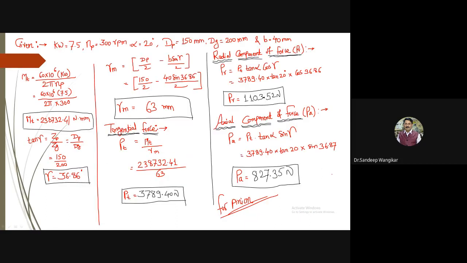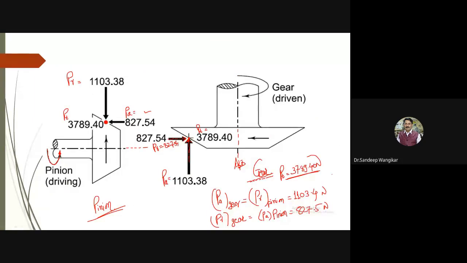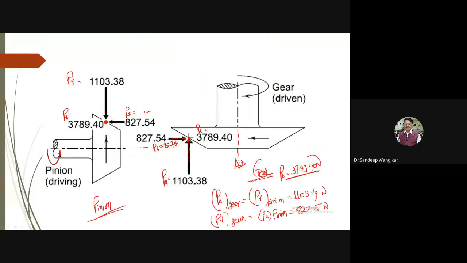Okay, so the diagram is drawn. In this way, we can solve the numerical related to force analysis. Whatever components we are calculating are for the pinion, and PT will be the same for pinion and gear. The remaining two components, how to calculate and how to show, we have seen. I will give the heading for this: Free body diagram, this is for the force analysis.